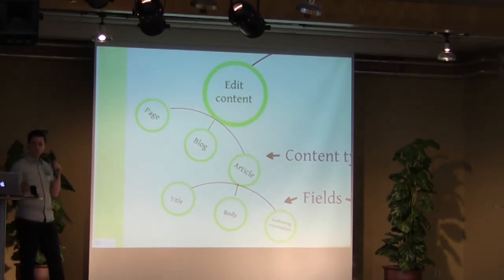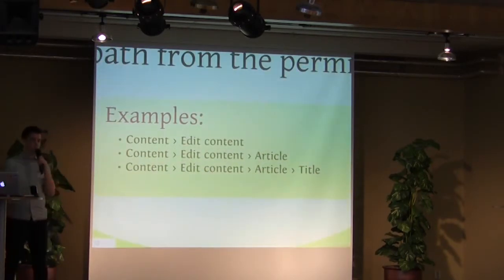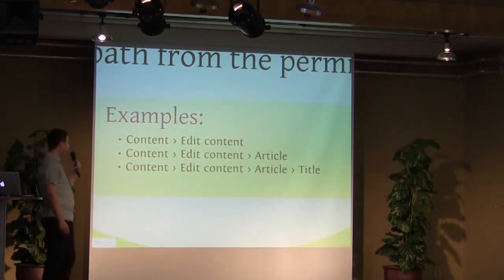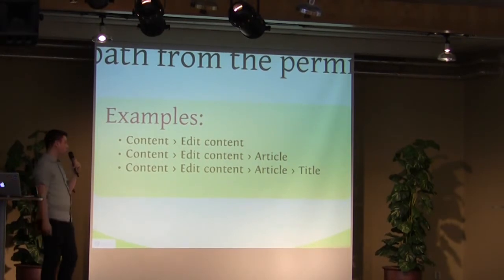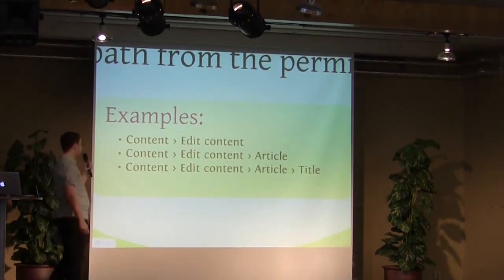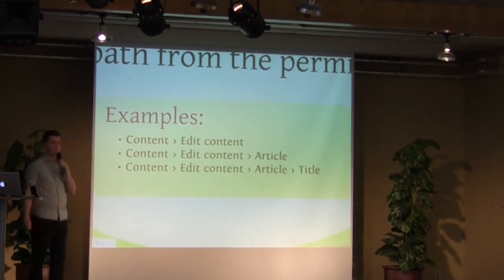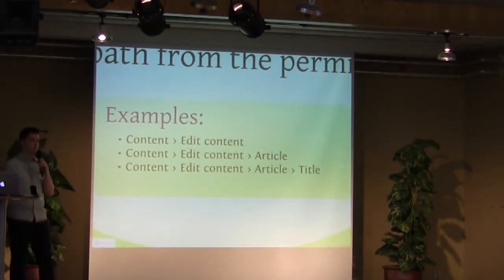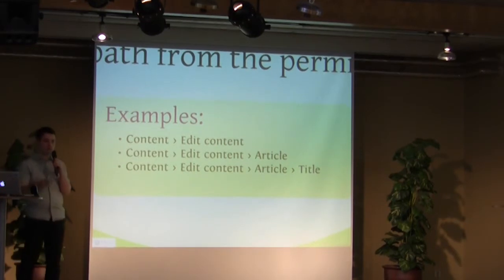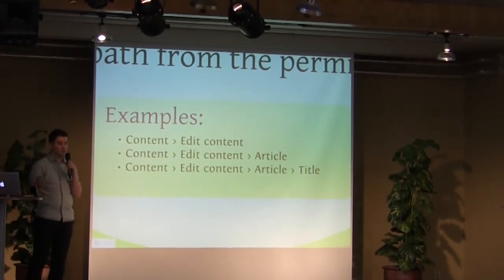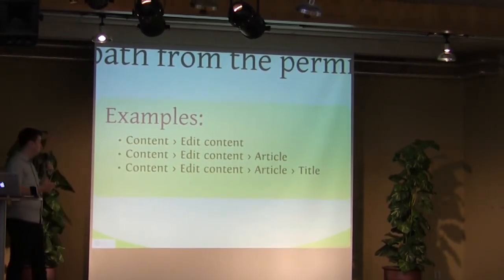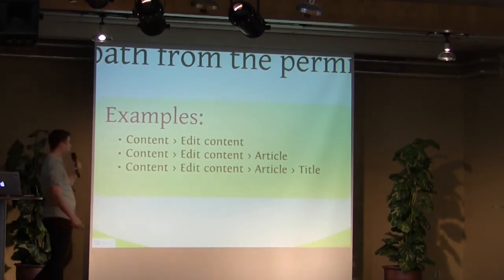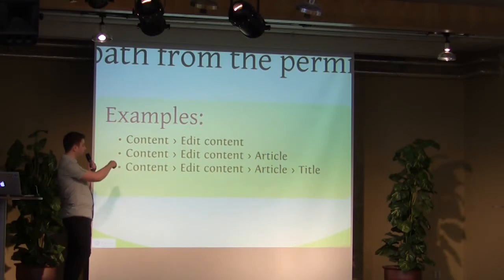So here are three examples of what I mentioned. And let's say that the user has the first one, the edit content permission. If we are doing a user access check, which is basically for checking if the user has that certain permission, the user access function will return true for all of these permissions.